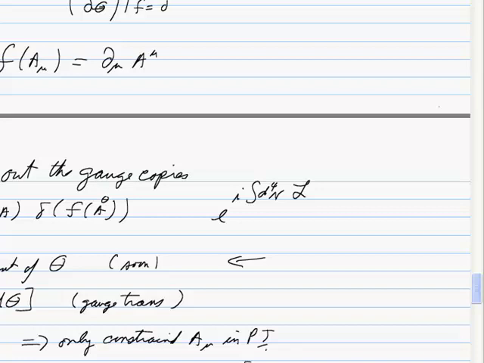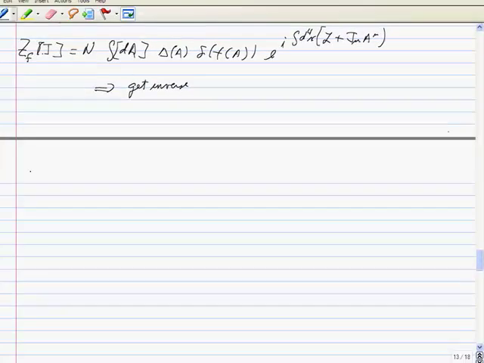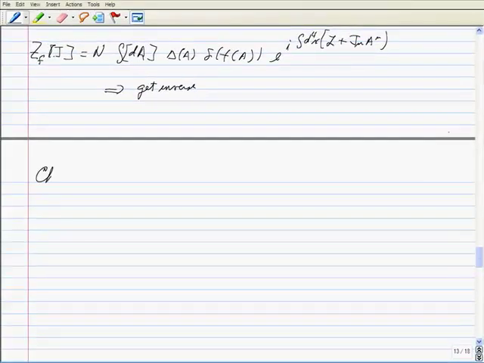Right now it looks really formal because we've got all these formal determinants, but next time we can put in what this is in practice and write out QED and Yang-Mills theory. Okay, so here's the check that delta of A is gauge invariant.